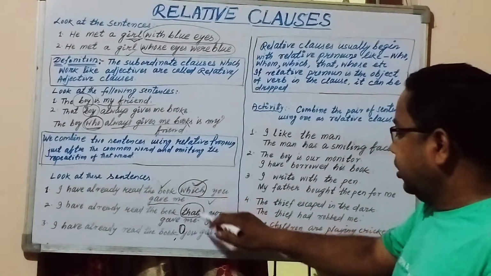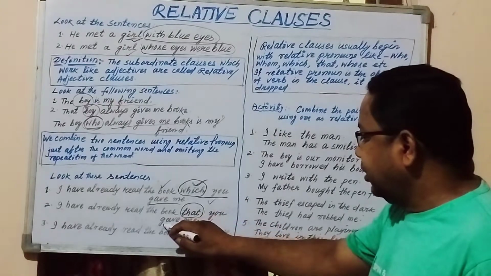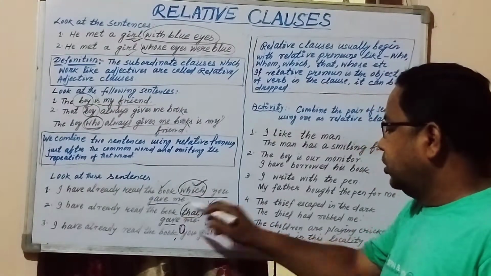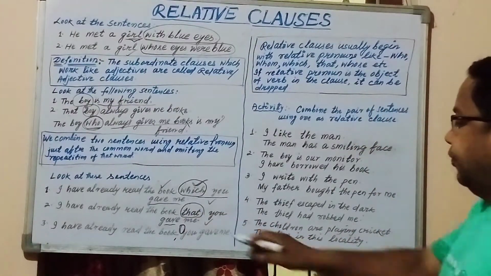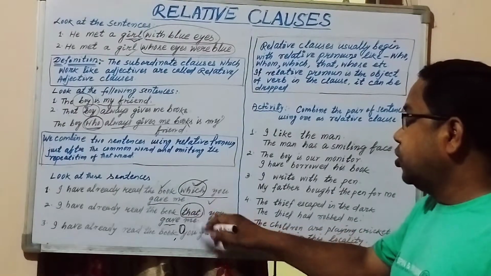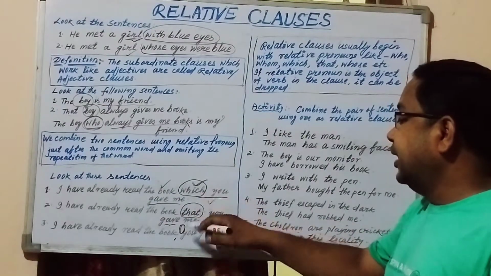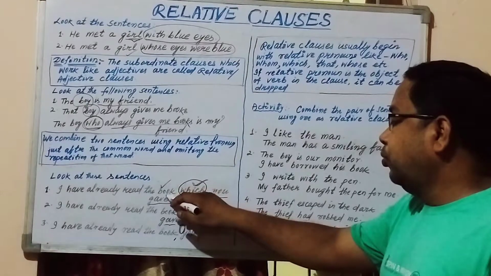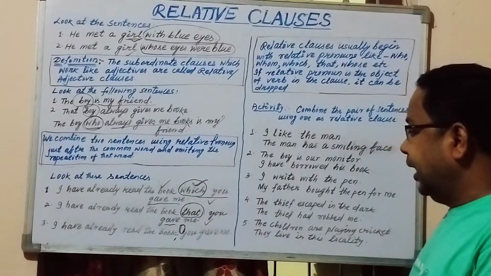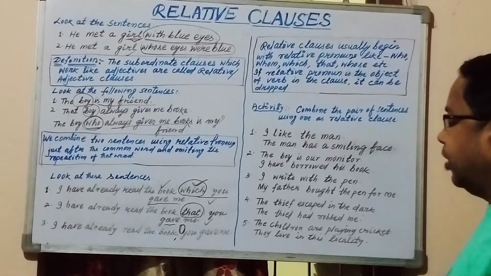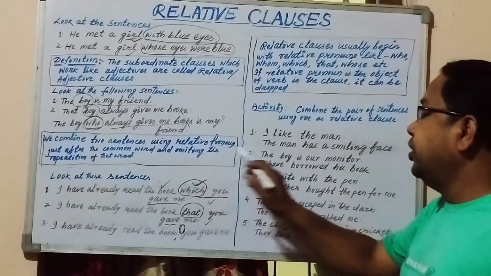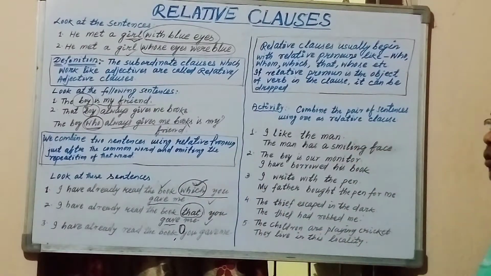Here the verb is gave, and the object of gave is book. In place of book we have used which. So the topic is over.